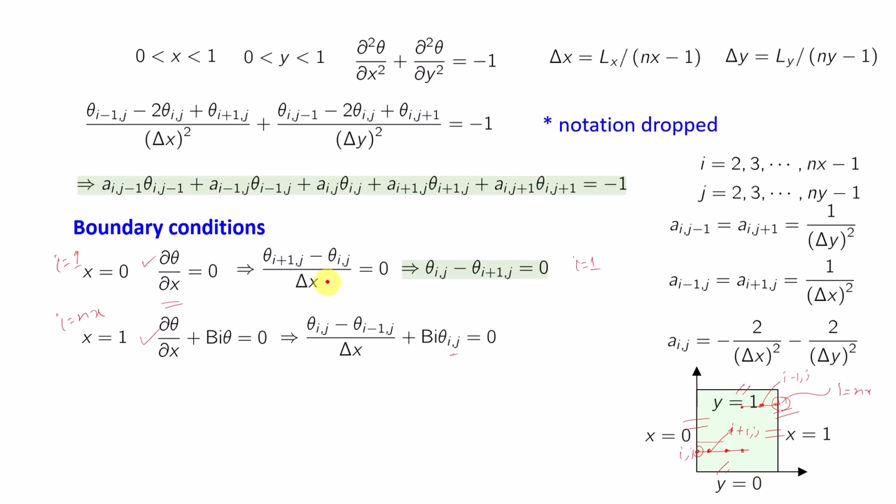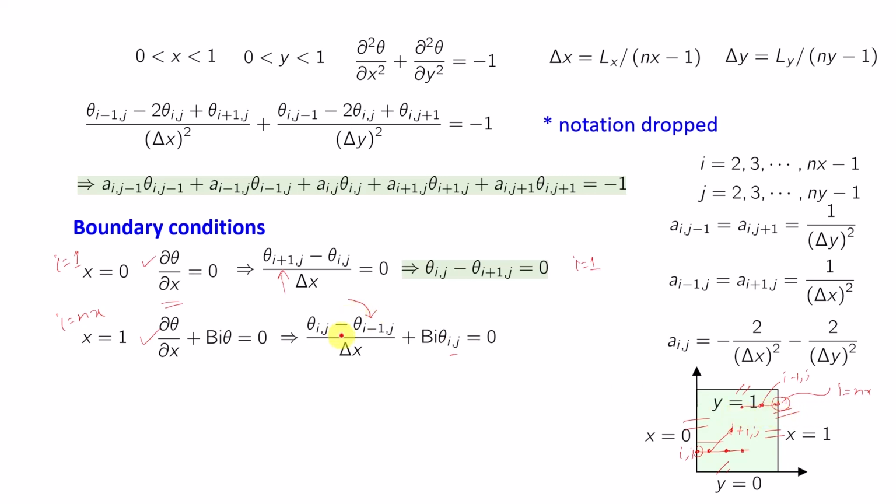Please take a look at this distinction. Here we are using theta i plus 1, but here we are using theta i minus 1. At this boundary i equals 1, we are at the left side boundary, so i minus 1 doesn't exist. Similarly, at x equal to 1 or i equals nx boundary, i plus 1 doesn't exist. All we have is minus 1.